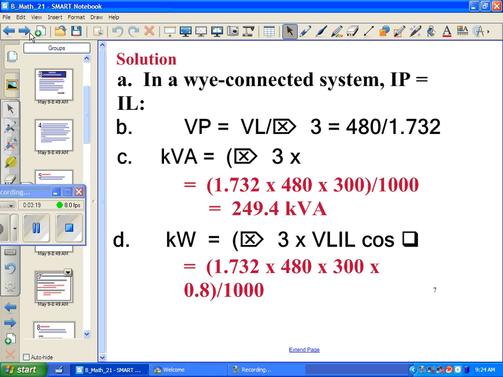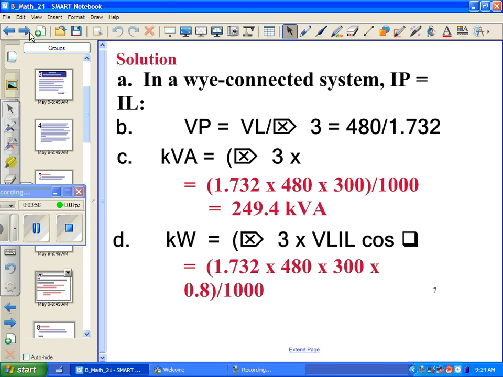And then the other one is going to be line current in a delta is equal to the phase current times square root of 3, right? So if you just remember those two, you don't have to remember this thing divided by that thing, because if you know that in a Y, the phase voltage times square root of 3 is line voltage, then if we move that around, we get this formula right here where phase voltage is line voltage divided by square root of 3.